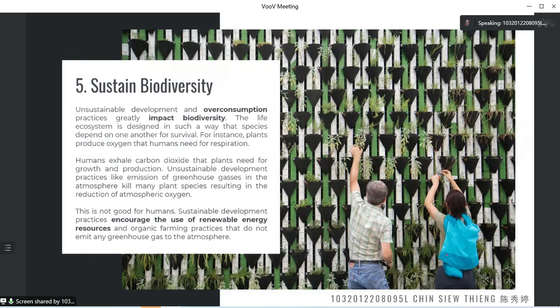And the fifth one is sustaining biodiversity, where unsustainable development and overconsumption practices greatly impact biodiversity. Overconsumption may lead to wasted or unused consumption.